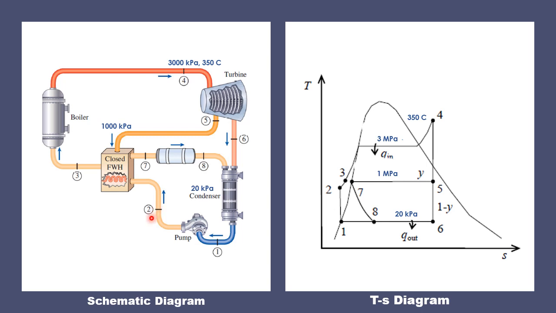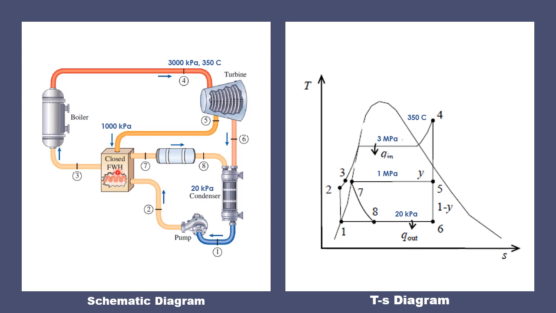And you can also find here that at point 2, it doesn't have to have the same operating pressure of the closed feed water heater, because there's no mixing that happened here in the closed feed water heater, meaning this feed water leaving at point 2 will just pass through using the coil here without mixing. So this is the difference between the operation of the open feed water heater and the closed feed water heater.